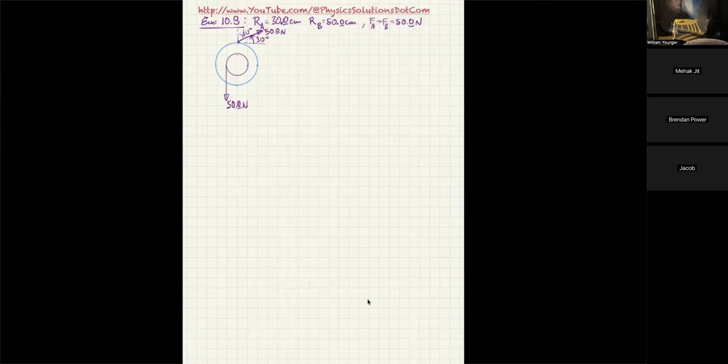Either of those would work. More specifically, we need to know that this distance is RB and that this distance is RA.